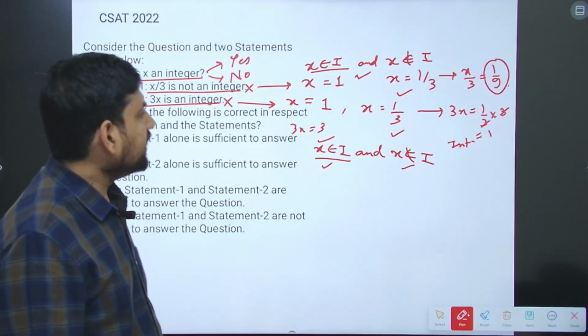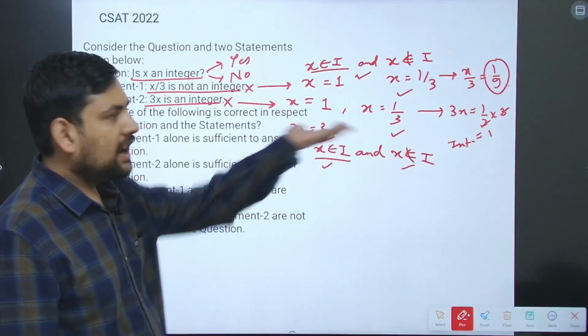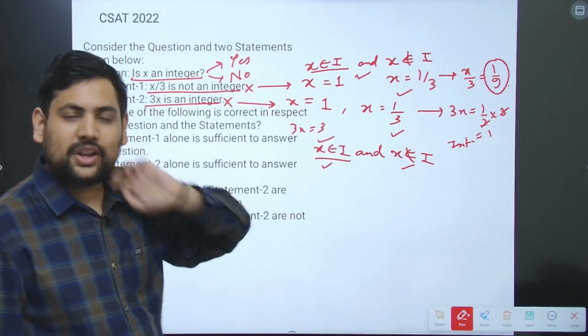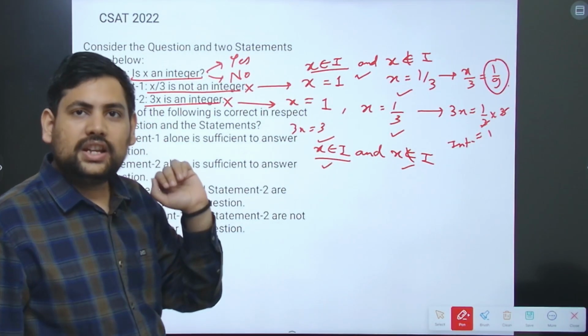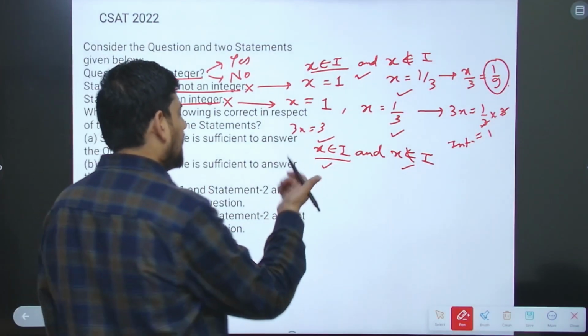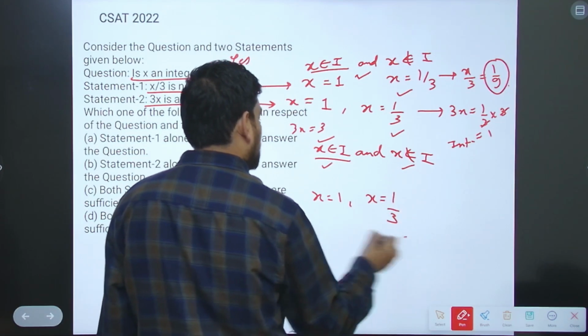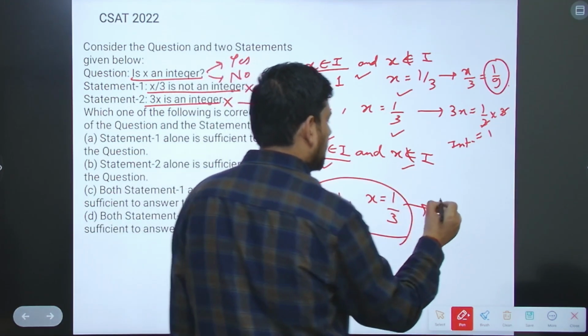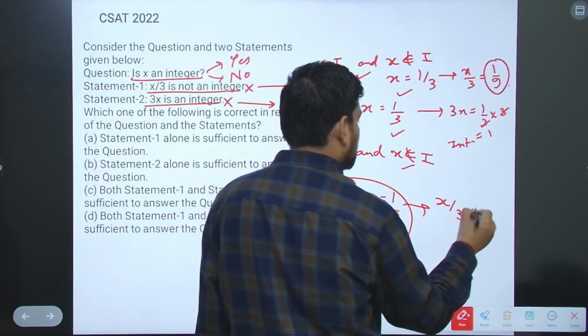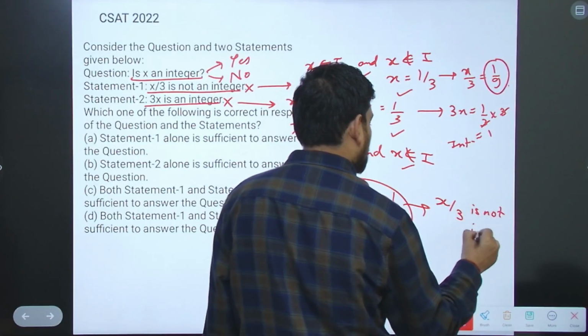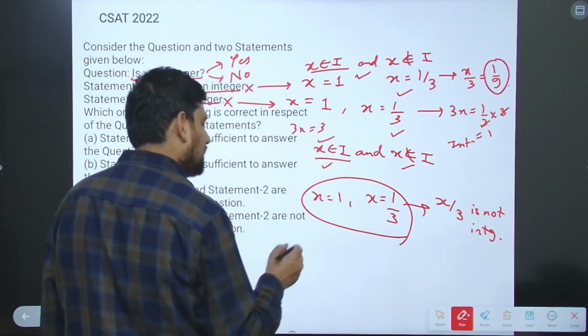Then even if you combine them together, that's why I've taken the same examples, so that even the combination is visible directly. So same thing, I'm taking x equals 1 and x equals 1 by 3. Now both will satisfy that x by 3 is not an integer. Correct? Statement 1 is satisfied.